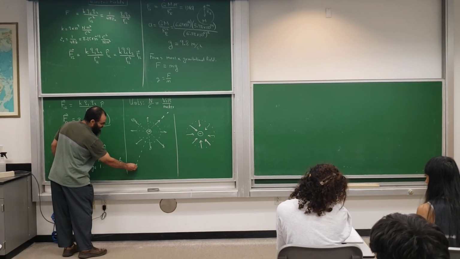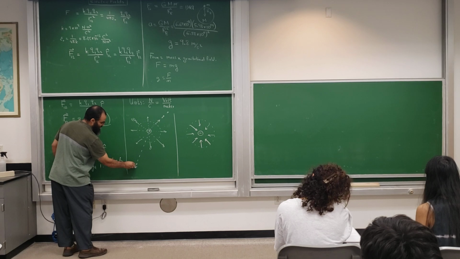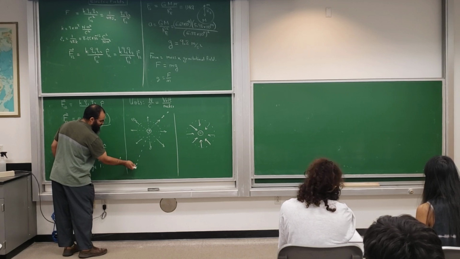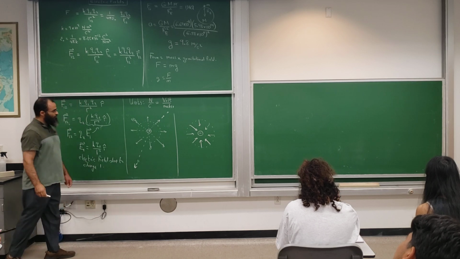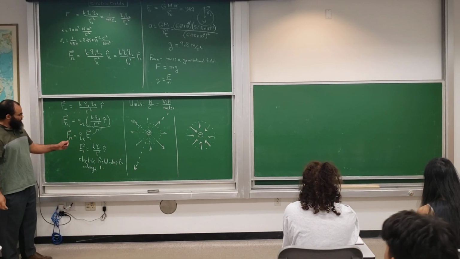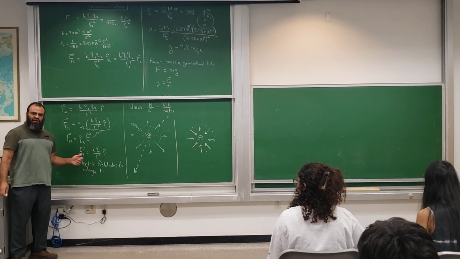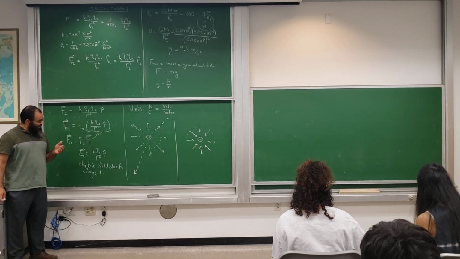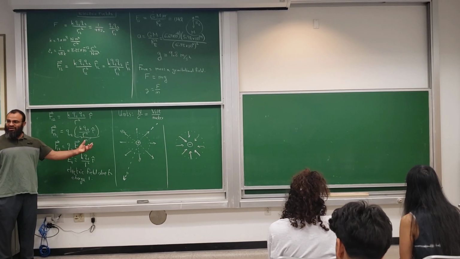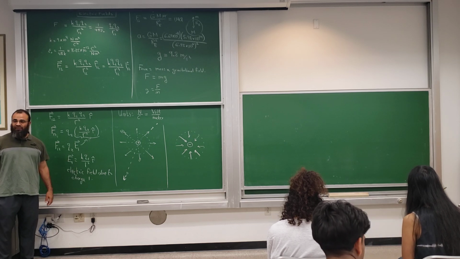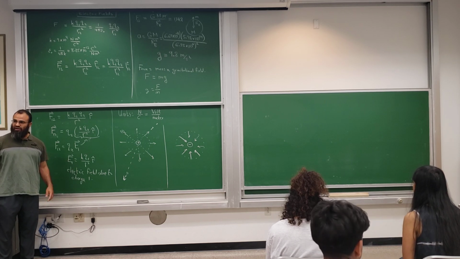So if the charge is positive, the force will be this way, meaning repulsive. If the charge is negative, this vector will flip and then it will be attractive. So the importance of the electric field is once you calculate it, the force is trivial. It's just whatever the charge is times the electric field that gives you the force on the charge. So it enables you to do things.